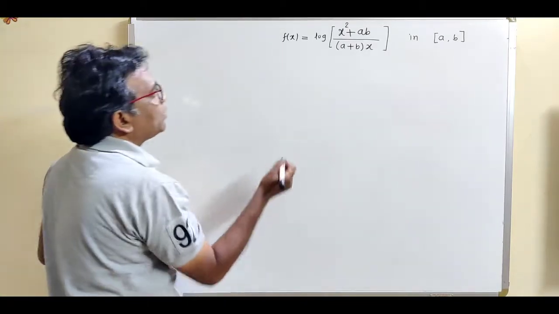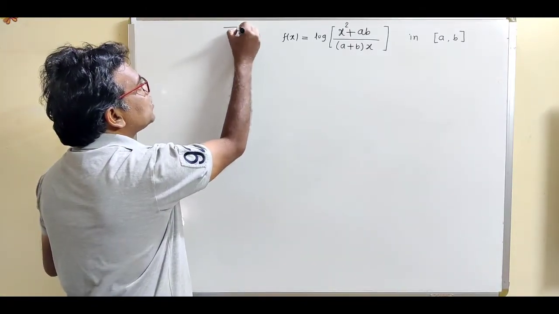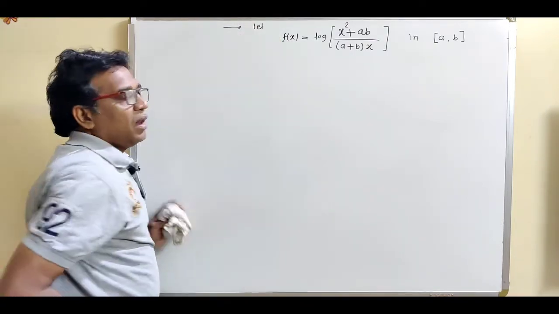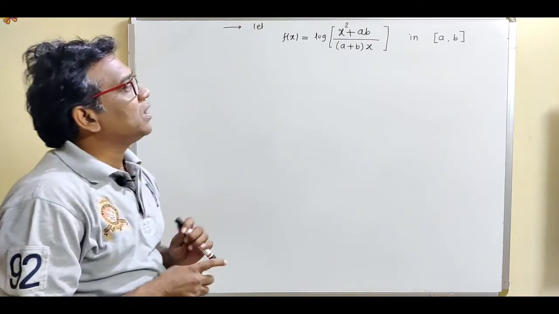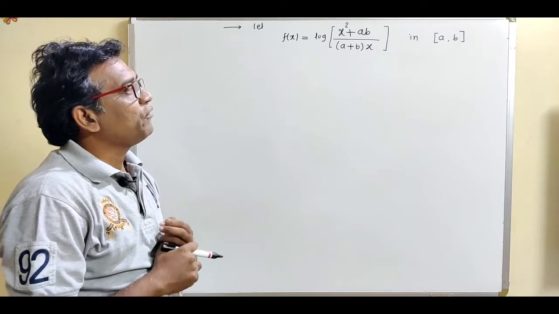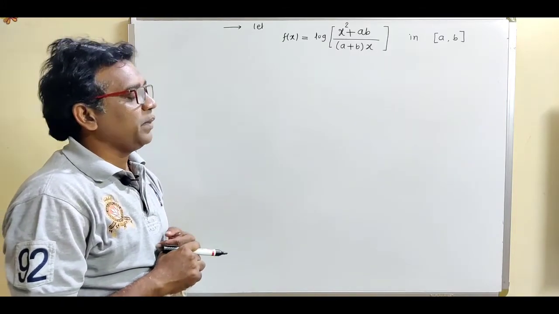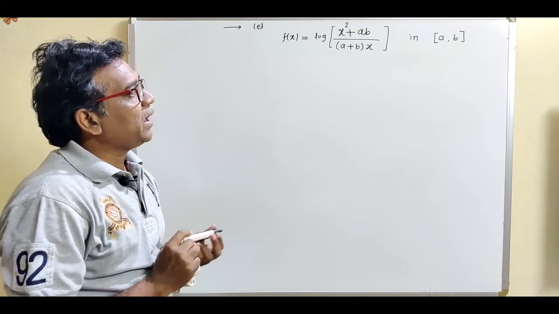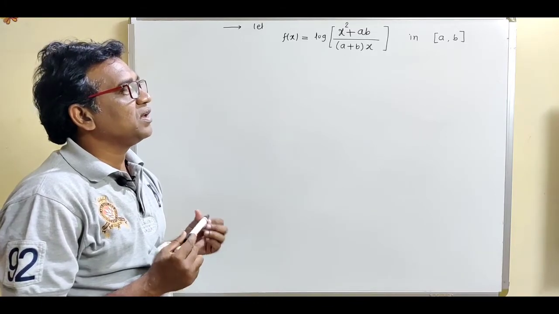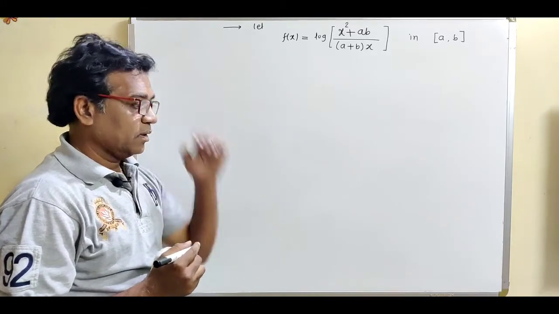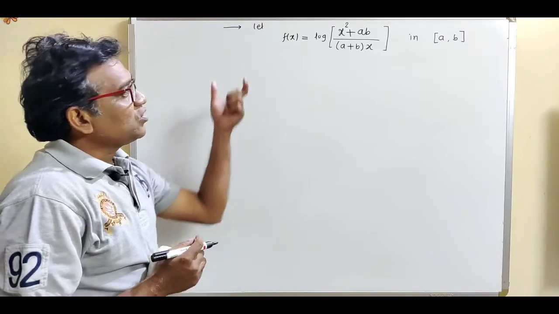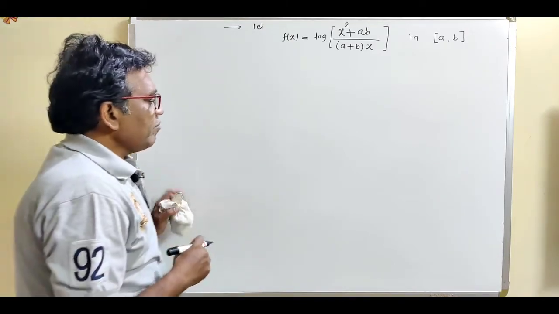So verify first of all these three conditions. Write down the solution. Let f(x) equal to log of (x squared plus ab) divided by (a plus b) into x in the closed interval [a, b]. So what is our first observation?